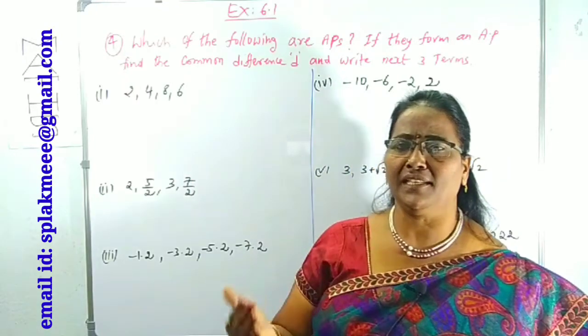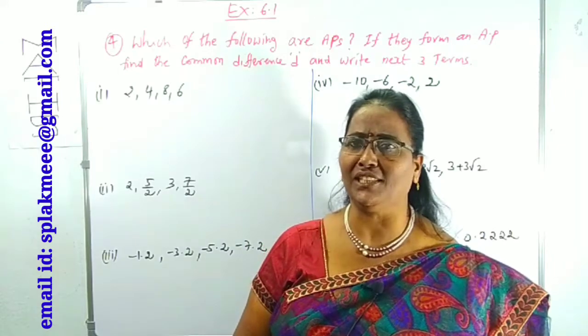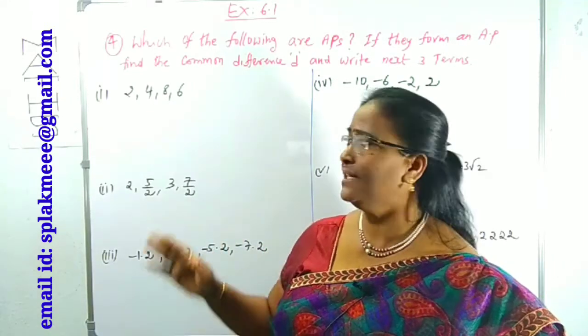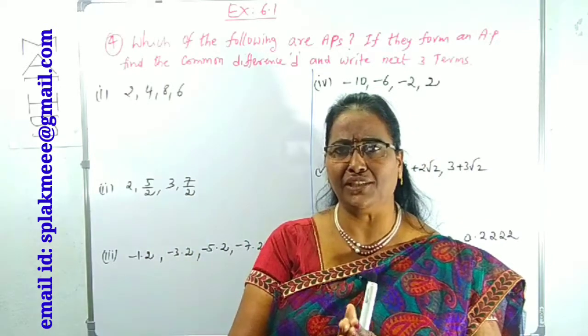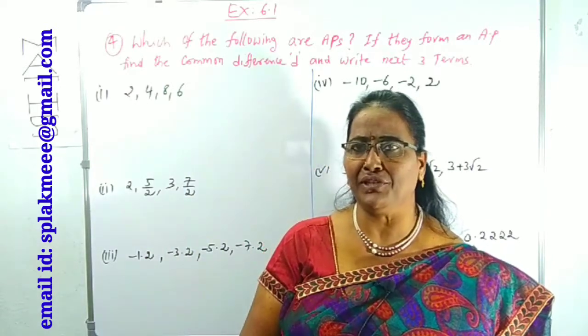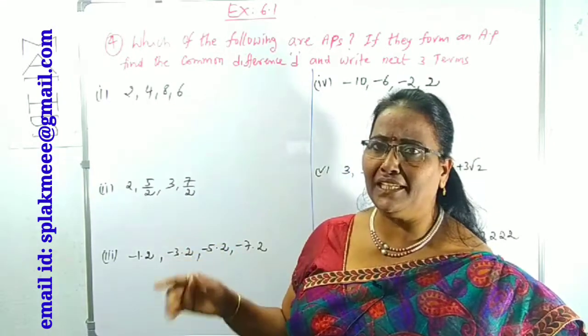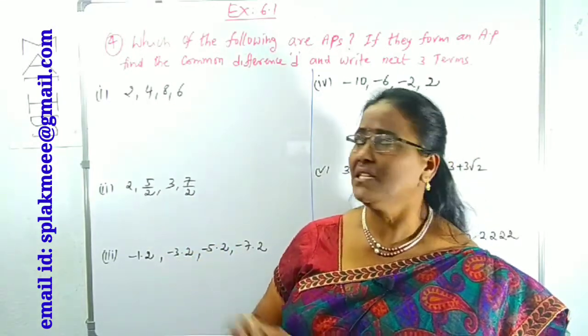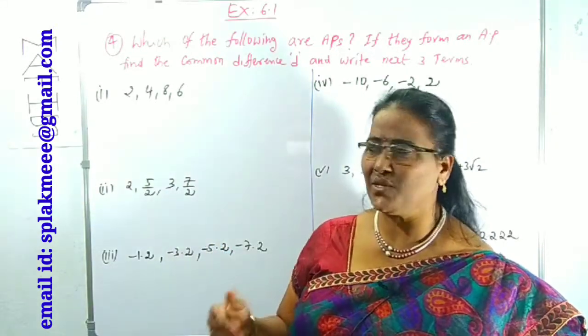After finding D, we can easily find the next 3 terms. There is no difficulty in finding whether the given series is an AP or not. First we have to find D. That is easy. How can you find D? We already did it in previous questions. After finding D, we collect the next 3 terms by adding D successively. That's it. It's so easy.